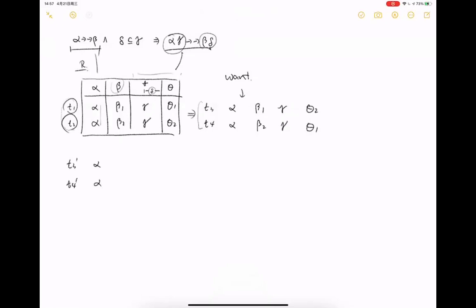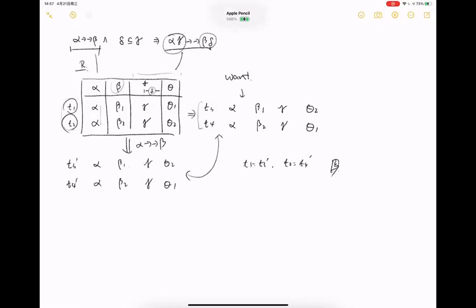For example, T3 prime will take beta 1, beta 2, and then they swap. Then T3 prime will take gamma and theta 2, and T4 prime will take gamma and theta 1. As you can see, this is because of the multi-value dependency from alpha to beta, and then these two actually match. So you just set T3 equal to T3 prime and T4 equal to T4 prime, then you are done.